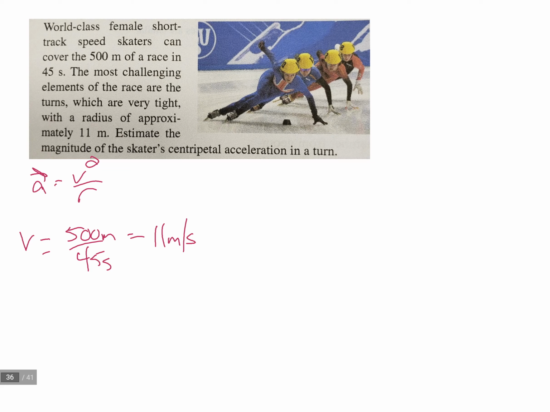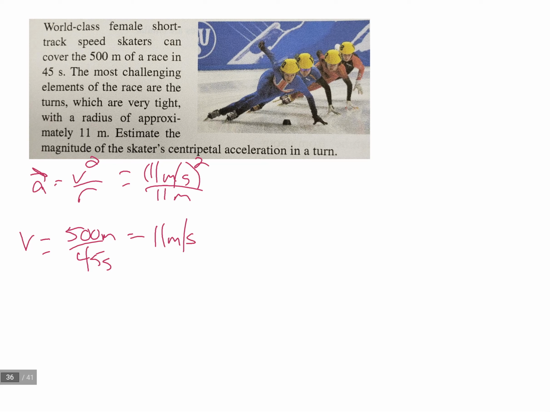Okay, so now we can come up here. Acceleration equals v squared, so we have 11 meters per second squared divided by r, which is the radius, 11 meters. And I realize that 11 squared divided by 11 is just going to give me 11.